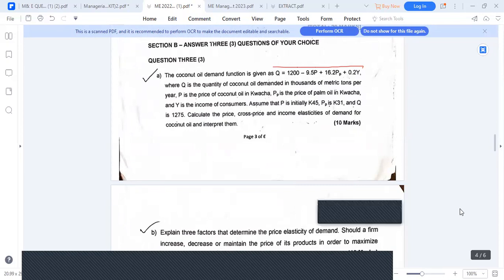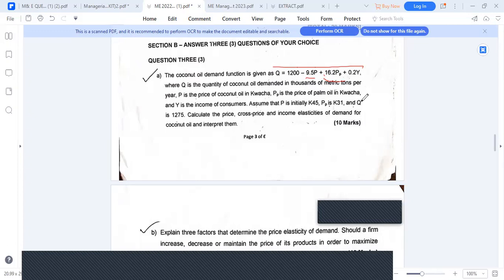What's the relationship between coconut oil and palm oil? As you can see from there, are they complementing each other or are they substitutes? Substitute. Yes, because the signs are different.